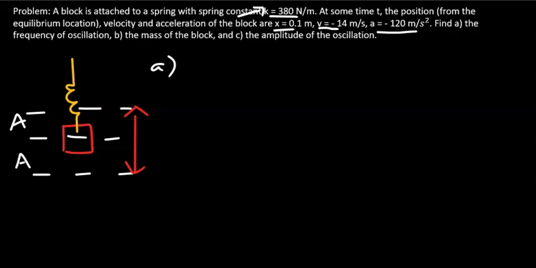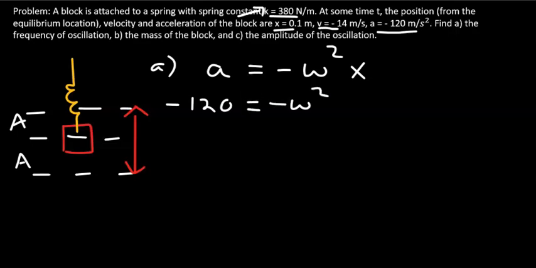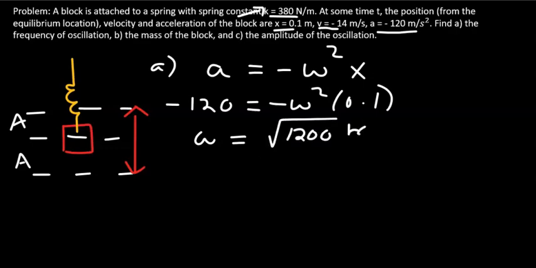So we can use the equation that relates the acceleration to position, namely that since the acceleration is minus 120, frequency we don't know, and that acceleration occurs at a distance or position 0.1 meter from the equilibrium location, you see that we can determine the angular frequency as quite simply the square root of 1200 radian per second, which is about 34.6 radian per second.